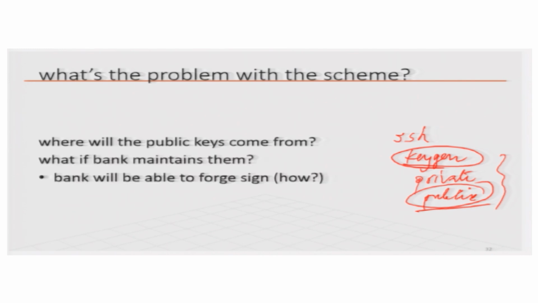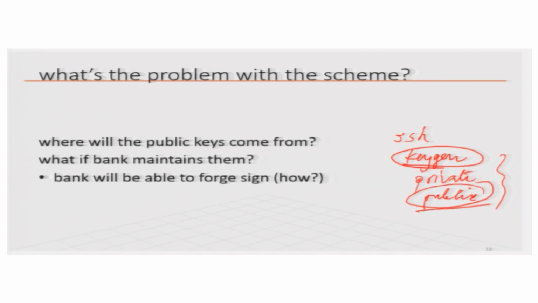But the question is, if that happens, then the bank can misuse it, especially if the bank has the private key also. If the bank gives us a public key and private key, then the bank generated the private key, and therefore the bank will know the private key for every public key. Then the bank can actually forge messages and transactions on our behalf, which is not good.